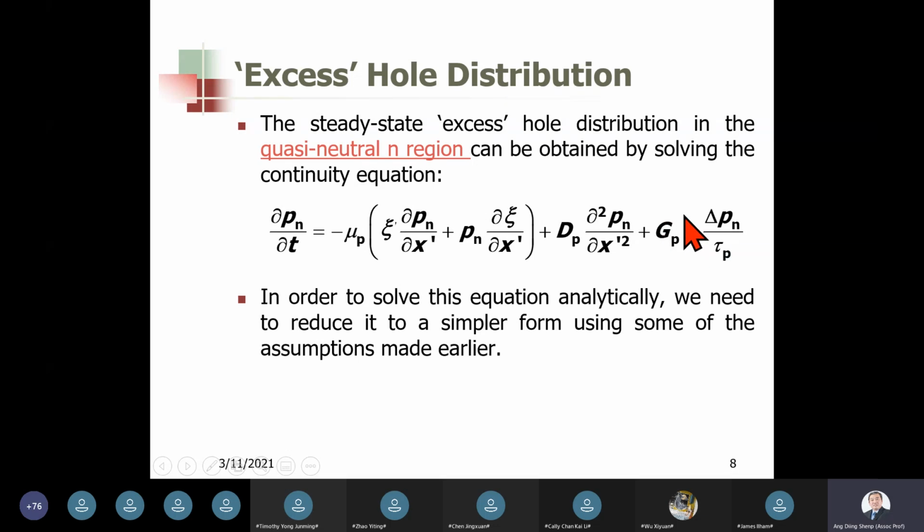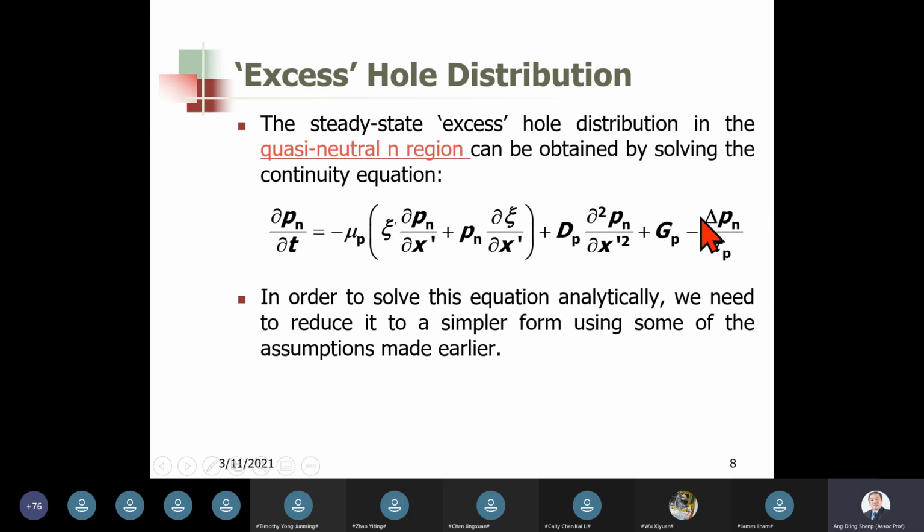Now the third term is GP, which is actually GL previously. So GP denotes the electron hole pair generation rate due to the shining of a light. Since in this case there is no light shining, GP is actually 0. Later on you will see we will remove GP from the expression.